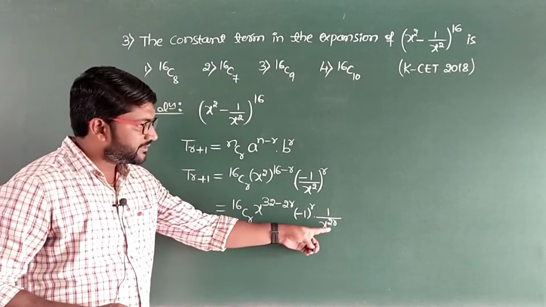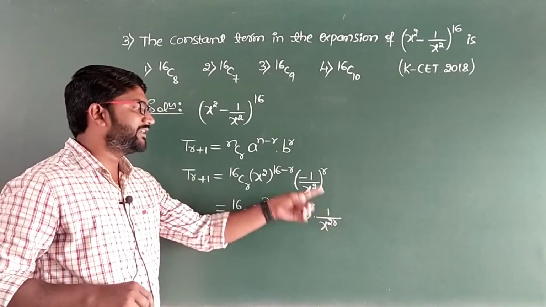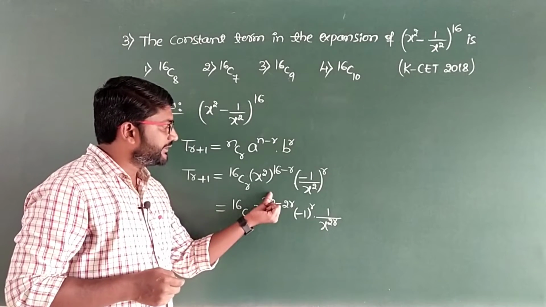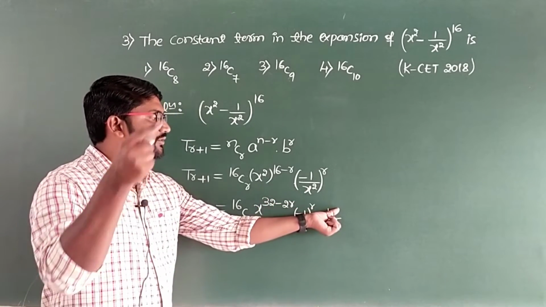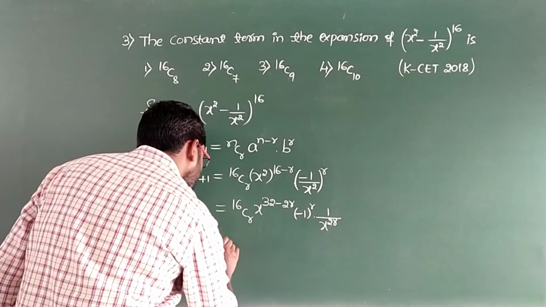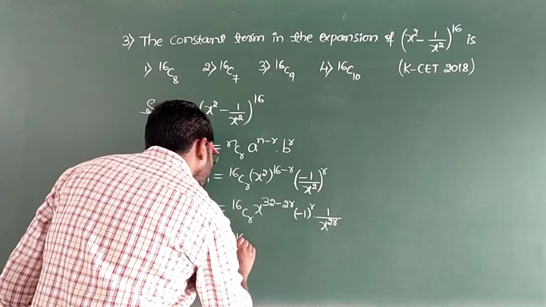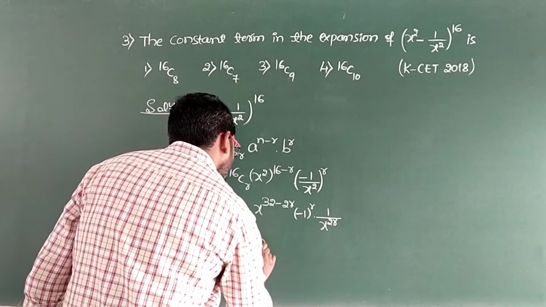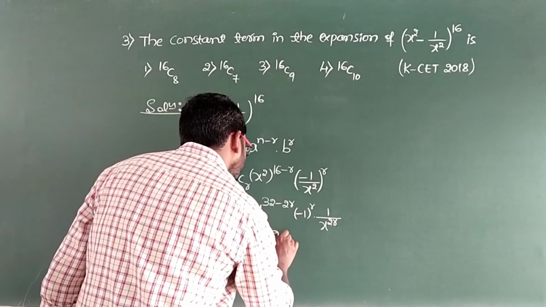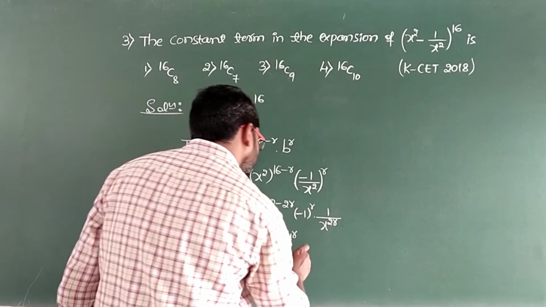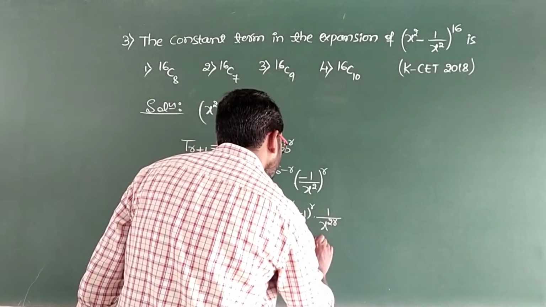Now take this term to the numerator, it becomes x to the power minus 2r. x to the power 32 minus 2r into x to the power minus 2r can be written as x to the power 32 minus 4r. This is equal to 16Cr then into x to the power 32 minus 4r, and write this as it is now, minus 1 to the power small r.